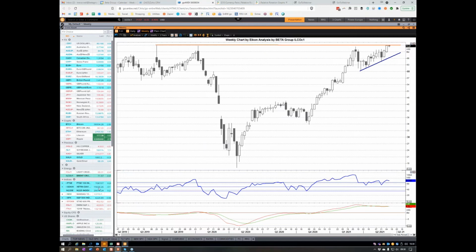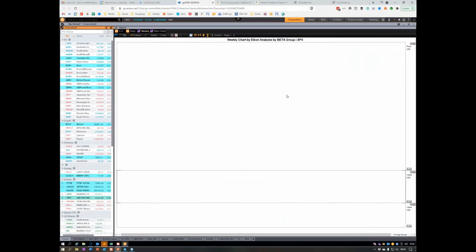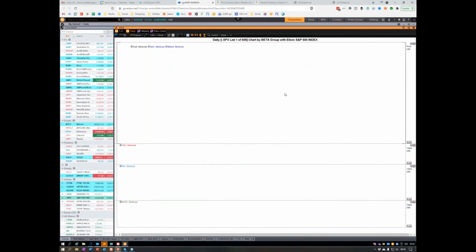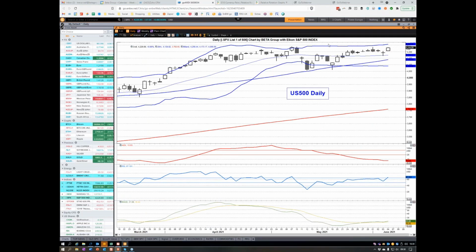But let's start, as we always do, with the S&P, then we'll go to the NASDAQ. So here is the S&P, not looking bad, of course. There's the weekly chart, powering ahead very strongly. But let's look at this latest action here. It's flattening out quite a lot.